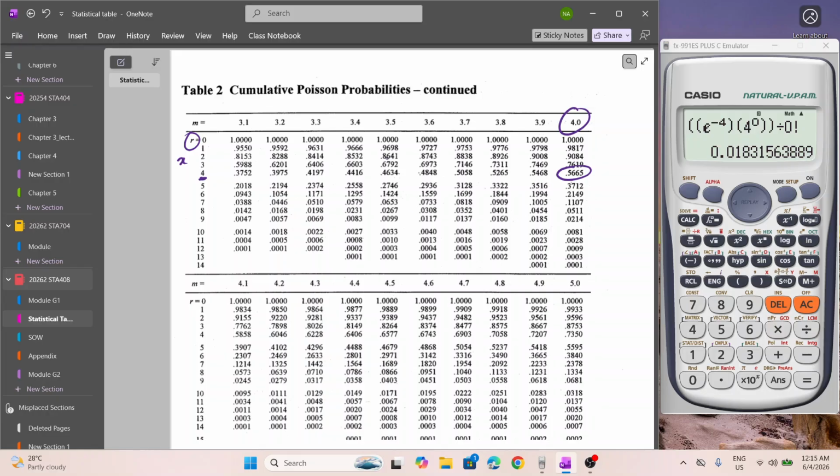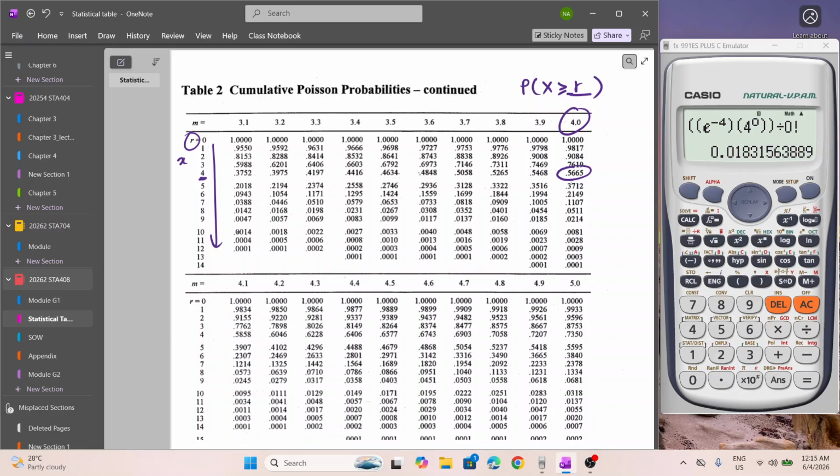Remember, all values in the statistical table always refer to the probability of x greater than or equal to any value of r stated here.